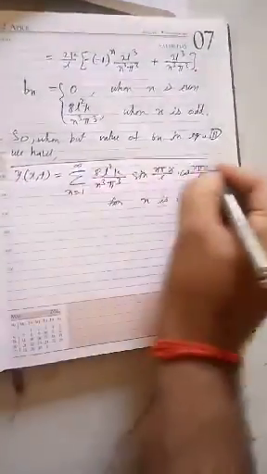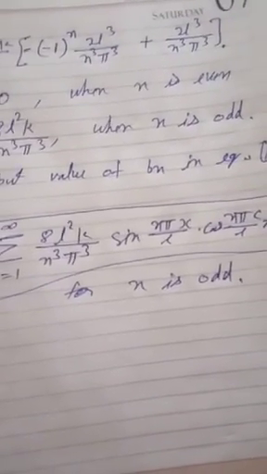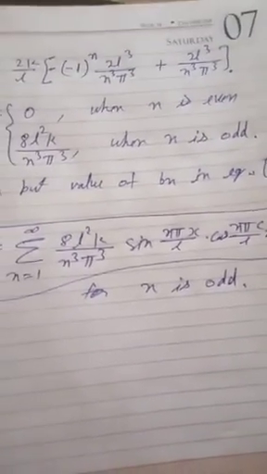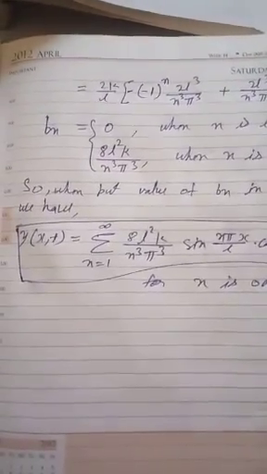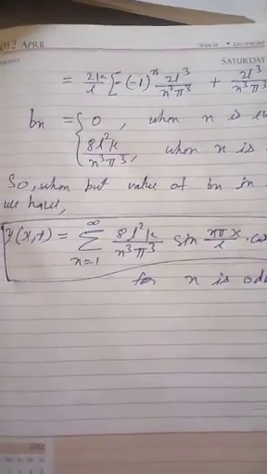This solution will not be for all values of n, but only for the value of n odd. So this is the complete solution of the given wave equation.